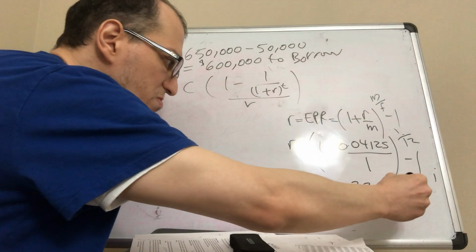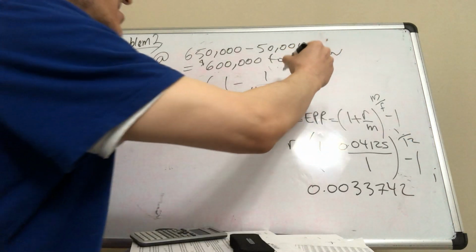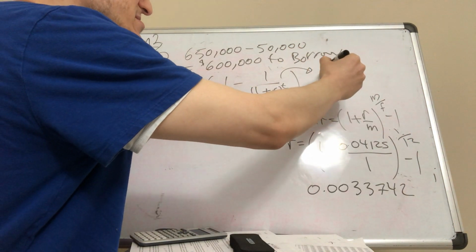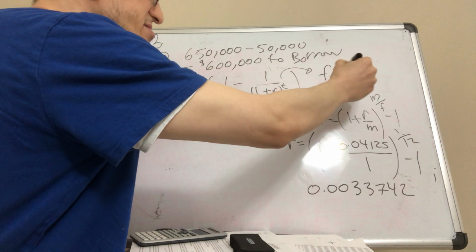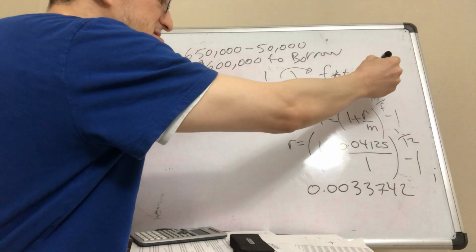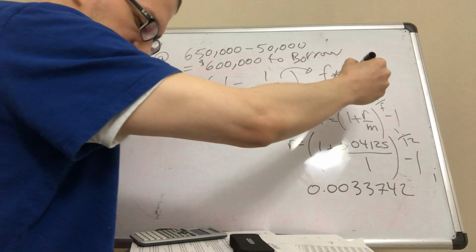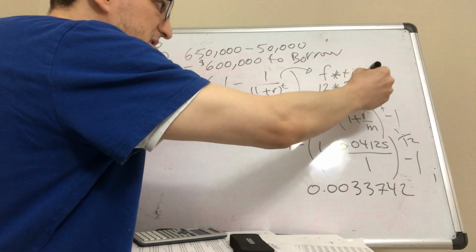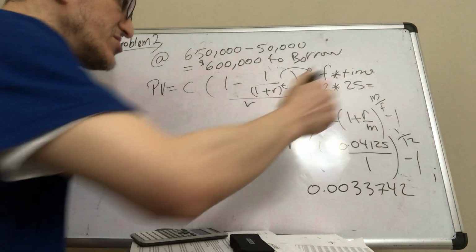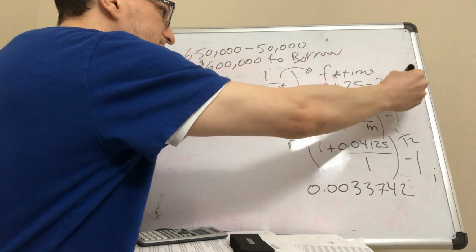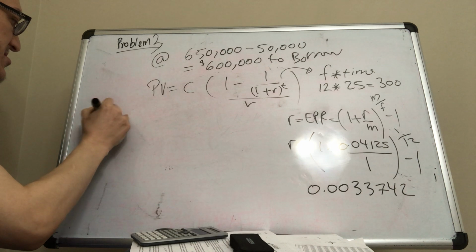And T would be total number of payments, which is F, the frequency, times whatever the time is. You're making monthly payments, and this is over 25 years. So 300. This is 600.